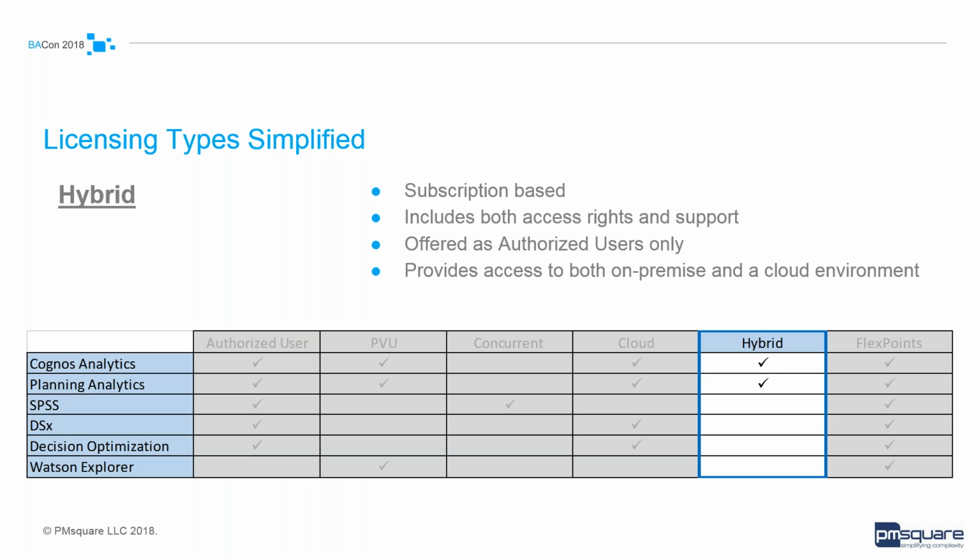And both Cognos and Planning Analytics are available as hybrid licensing. The other ones are not. So Cognos and Planning Analytics are the only ones.